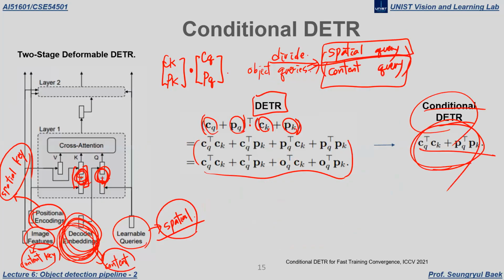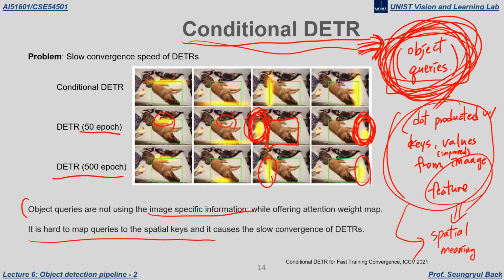So the high-level idea is that object queries do not have spatial information, and they are not aligned with the spatial encodings of the keys, which are encoded during the encoder. The authors of this paper assume that this makes DETR converge slowly.